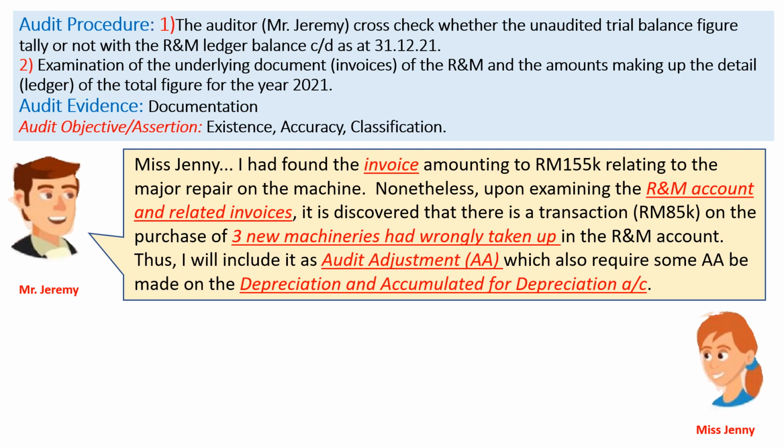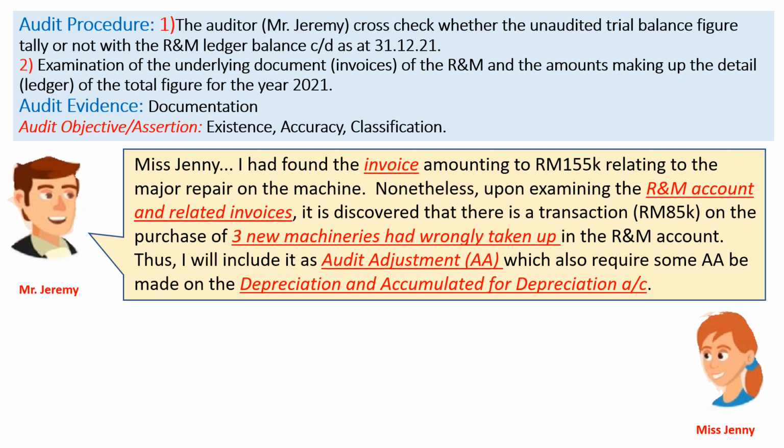Miss Jenny, I have found the invoice amounting to RM155K relating to the major repair on the machine. Nevertheless, upon examining the repair and maintenance account and related invoice, it was discovered that there is a transaction of RM85K on the purchase of 3 new machinery which was wrongly taken up in the repair and maintenance account.